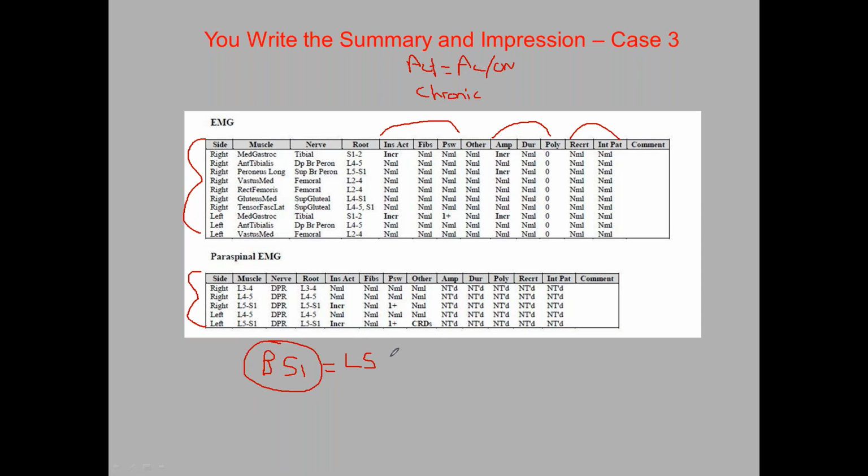So you tell them what you're going to say, i.e., how the patient presents. This patient may have presented with diminished S1 reflexes, low back pain with radicular symptoms following the S1 or lumbosacral distribution, positive straight leg raise, pain with prolonged standing and walking improved with leaning over on a grocery cart and sitting.